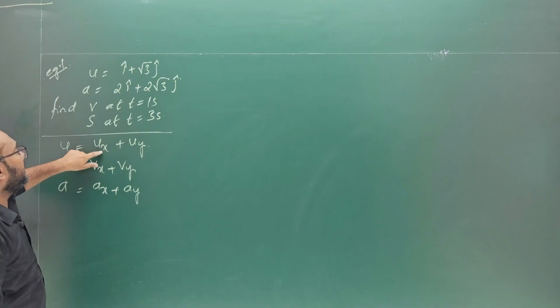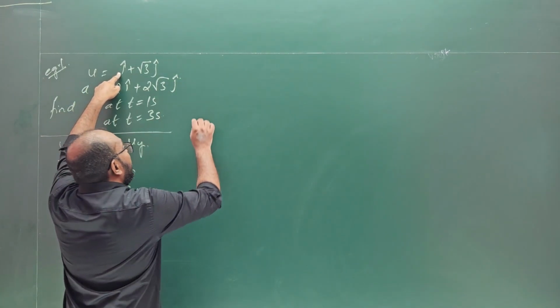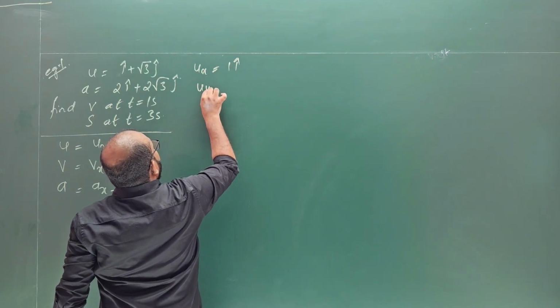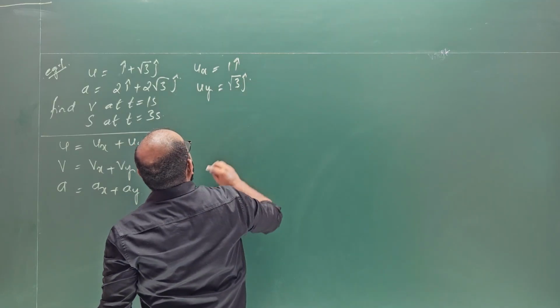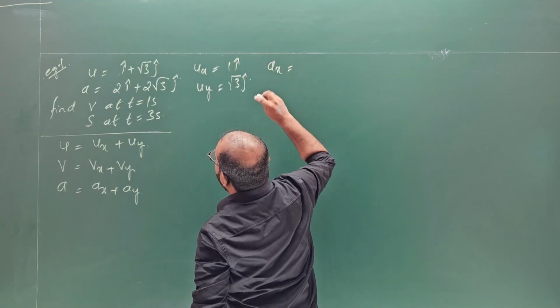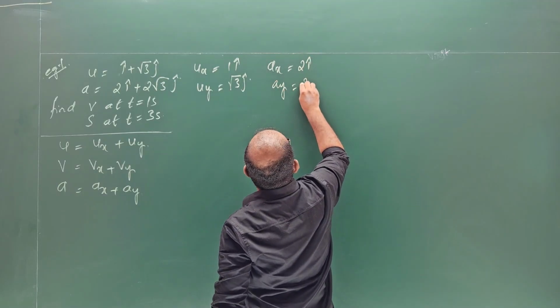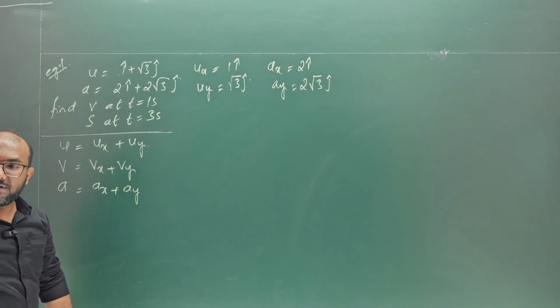Okay, and ux is 1 i cap, and uy is root 3 j cap. Similarly, ax is given 2 i cap and ay is given 2 root 3 j cap. Okay, these are the given quantities.